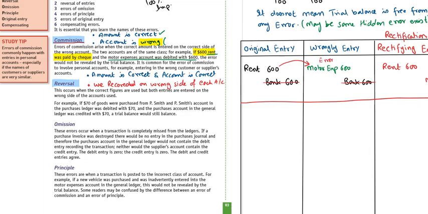What does it mean? Internally, the debit is wrongly written on the credit side, and the credit is wrongly written on the debit side. So this is the error of complete reversal.